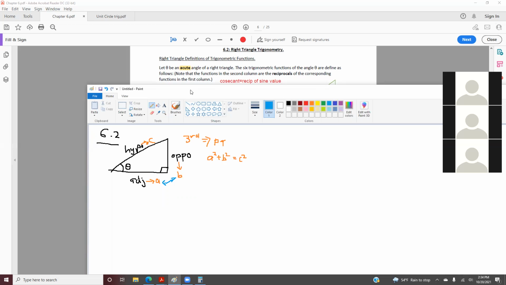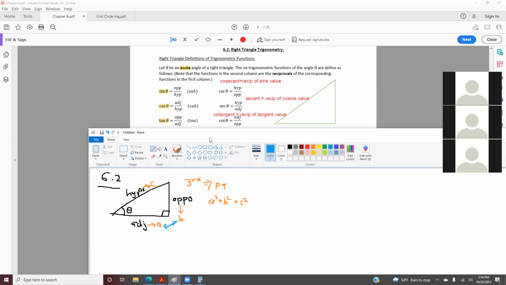So now here comes the important part. In order for you to find sine theta, it is opposite over hypotenuse. So you divide these two values.